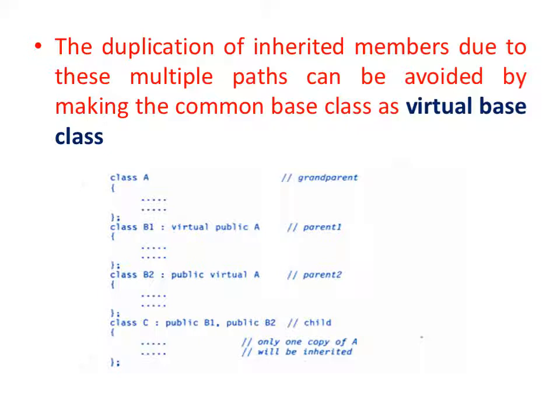After this, class C: public B1, public B2. Here class B1 and class B2 act as base classes for the derived class C, and only one copy of A will be inherited in this child class. This is the meaning of declaring a base class as virtual.